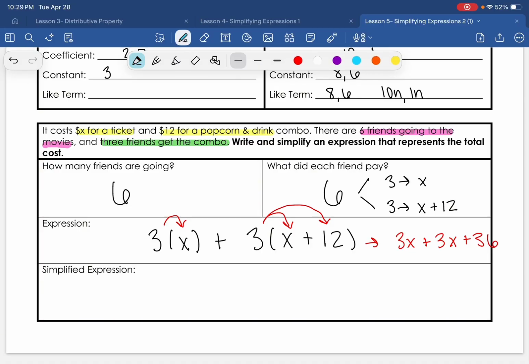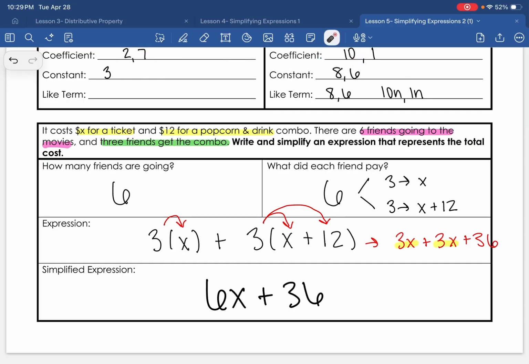And I know that 3x and 3x have the same variable, so I can add them together. So 3x plus 3x gives me 6x plus 36. And in your head, you want to make sure that your answer makes sense, right? So if I'm looking back, this says 6 tickets.